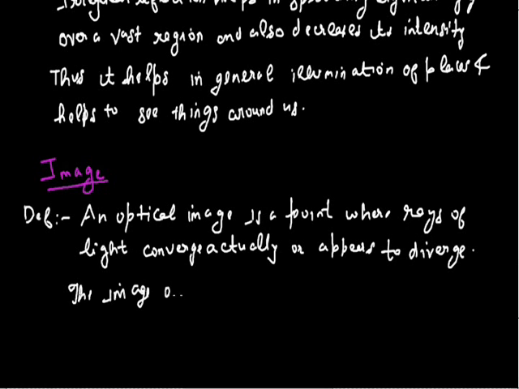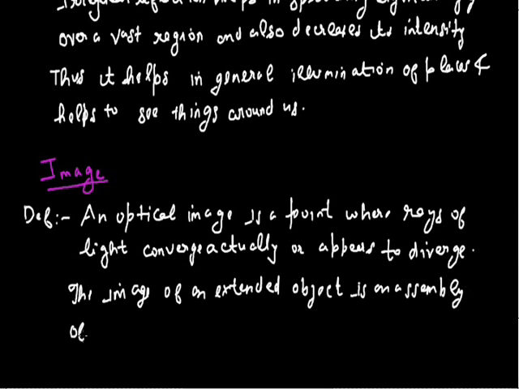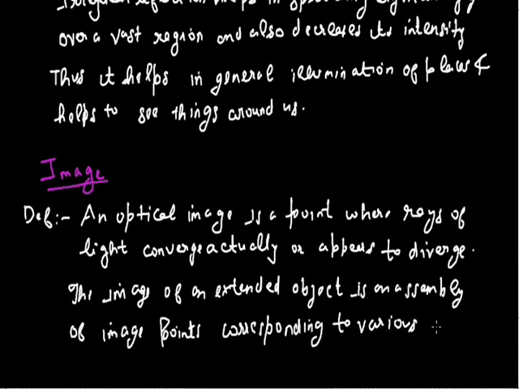The image of an extended object is an assembly of image points corresponding to various points on the object.